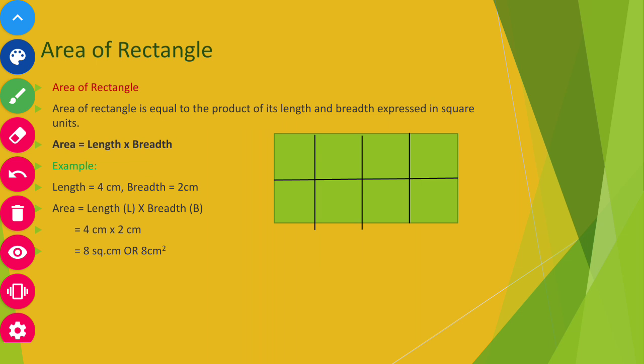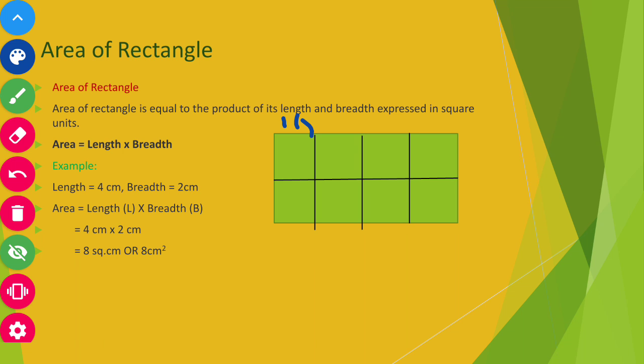How will we find the area of this rectangle? For this, I'll take squares of 1 centimeter length and place them in the rectangular shape. Here it will be 1 square which is 1 centimeter.